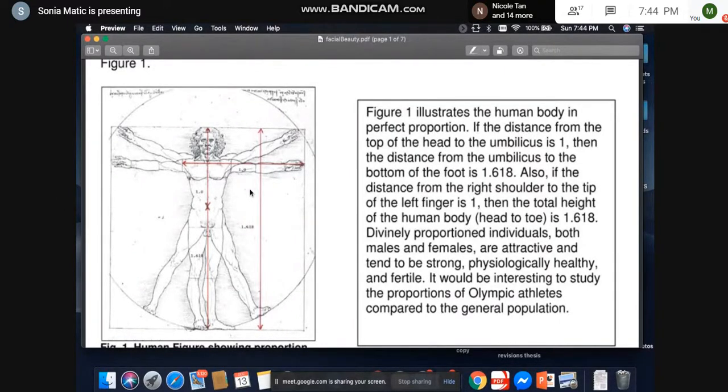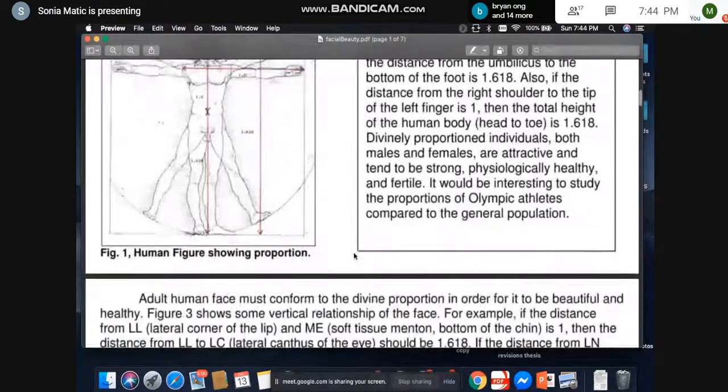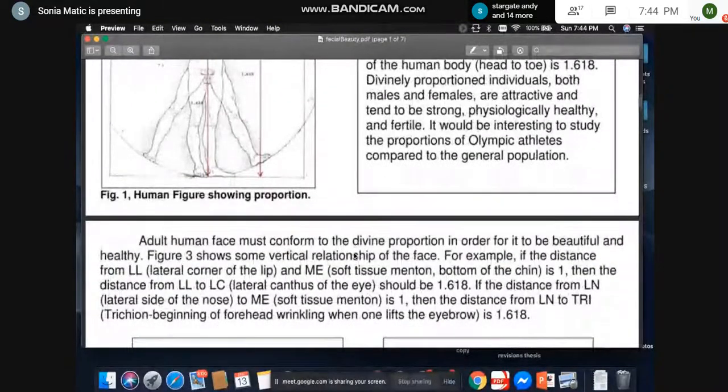Divinely proportioned individuals, both males and females, are attractive, tend to be strong, physiologically healthy, and fertile. It would be interesting to study the proportions of Olympic athletes compared to the general population. That's why those who get horses and dogs for fighting measure whether the proportion of their legs to their body is right. That's why, it turns out, they're strong.